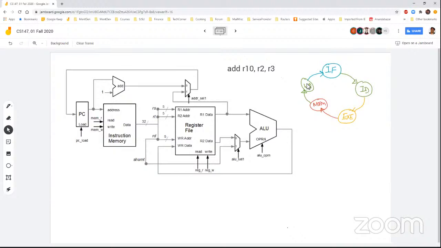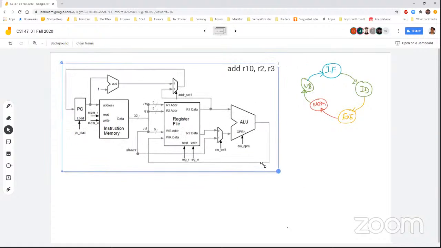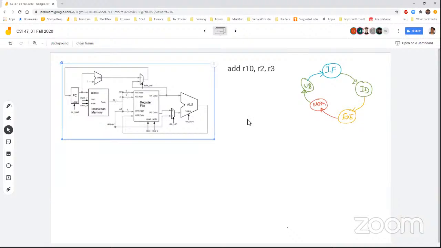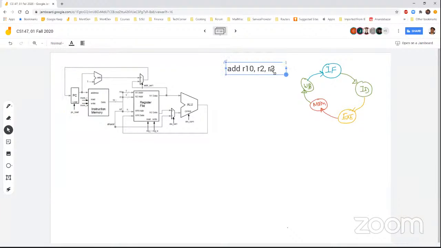So what are those? We can possibly make it in a table. Let me make this diagram a little shorter. Okay.